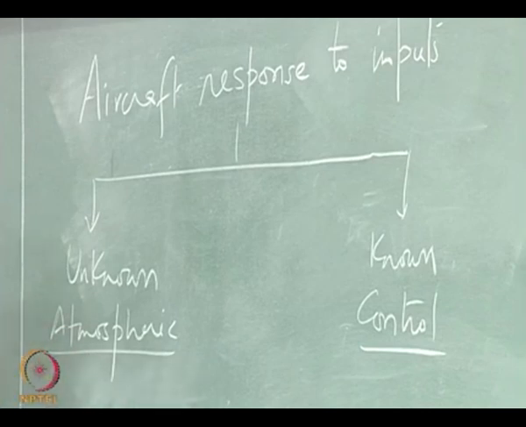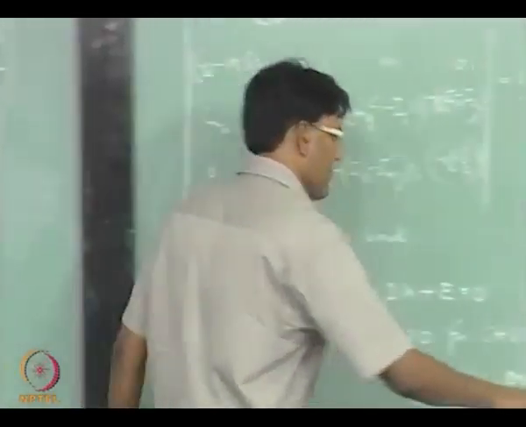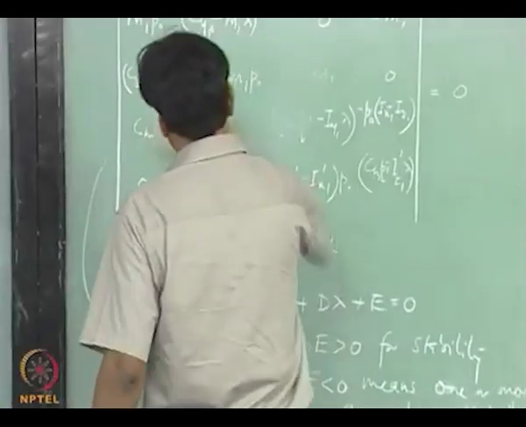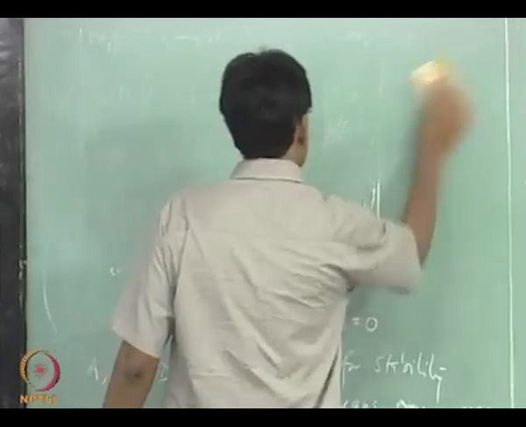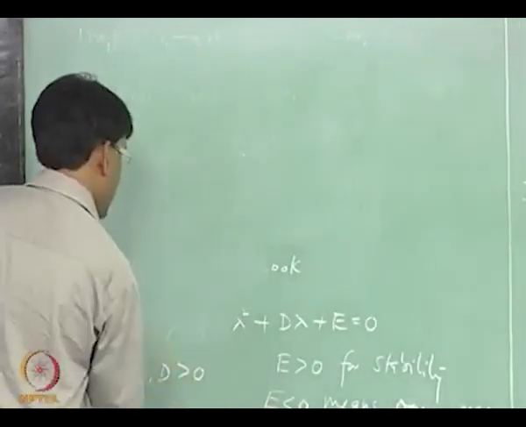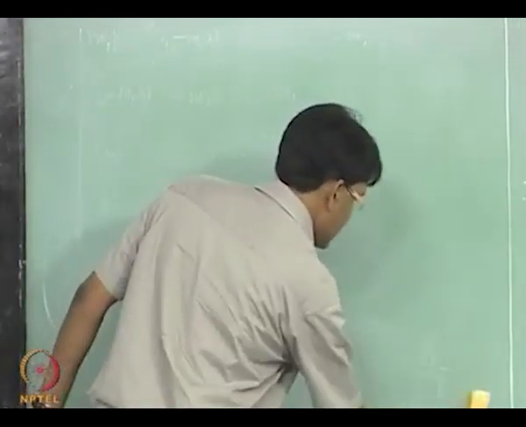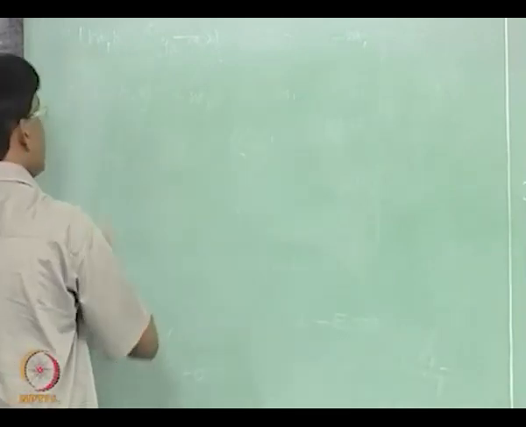And we want to look at how the aircraft is going to respond to those inputs. So the first case that I am going to take is of the rolling motion, and this we have discussed in detail.